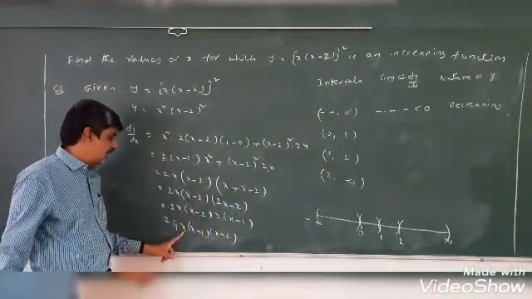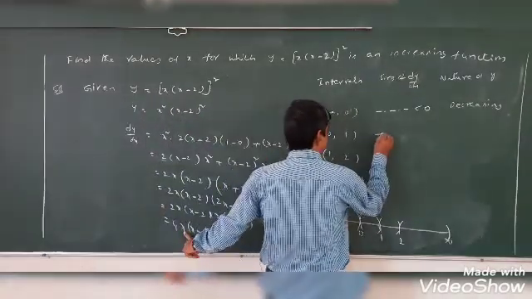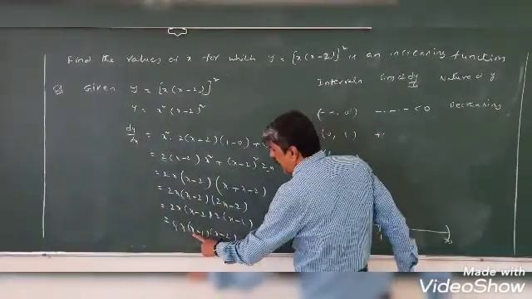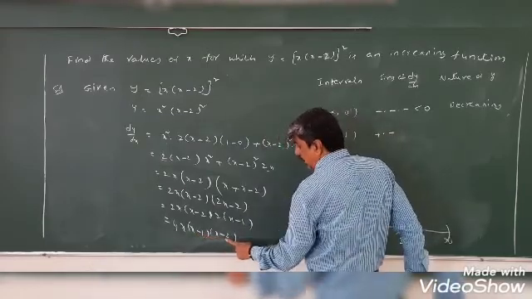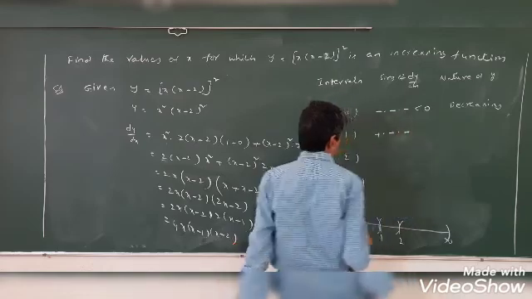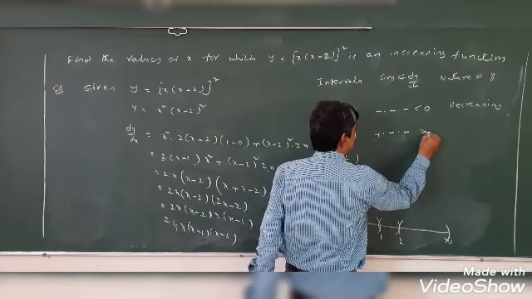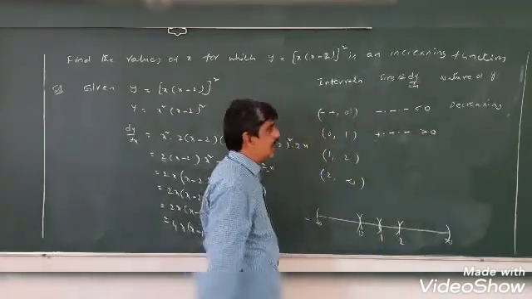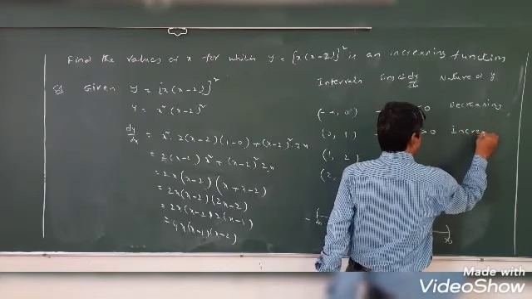If I write x equal to 0.5, this is positive, into 0.5 minus 1, that value gives negative, 0.5 minus 2 also gives negative. So positive into negative into negative is positive. So dy by dx is greater than 0, which means this is increasing.